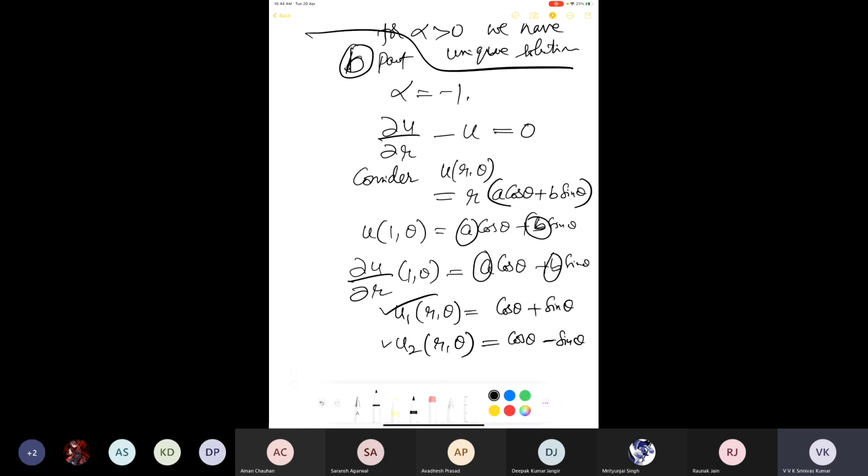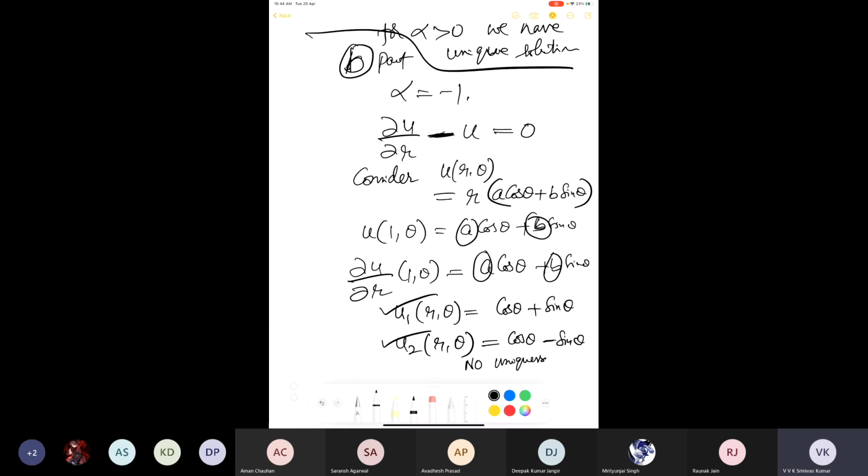This is one solution, this is another solution, and both satisfy the problem, so there is no uniqueness. Uniqueness fails because of this negative alpha. Fine.